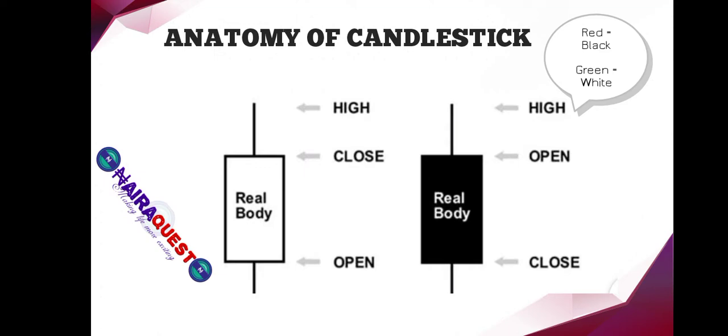Let's now look at the anatomy in detail. Let's start with the green candle. A green candle has an upper wick, this upper thin line, and a lower wick, this lower thin line. If you don't want to use wick, you can use shadow: upper and lower shadow.